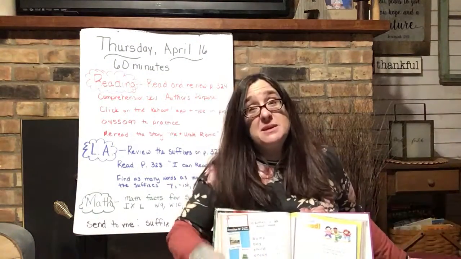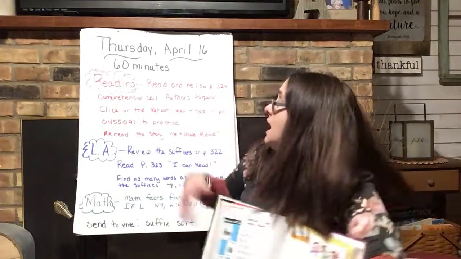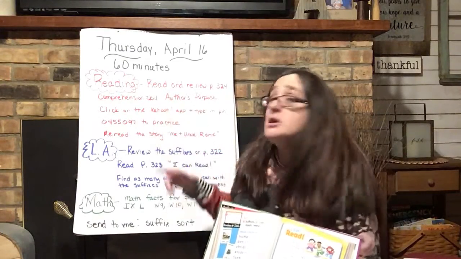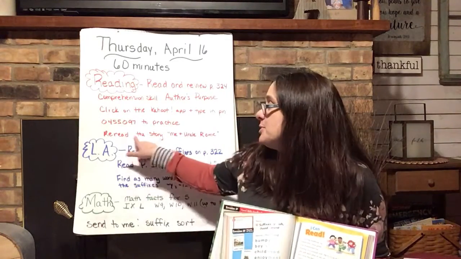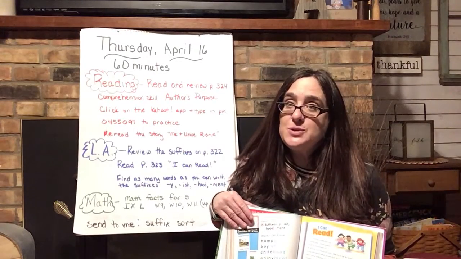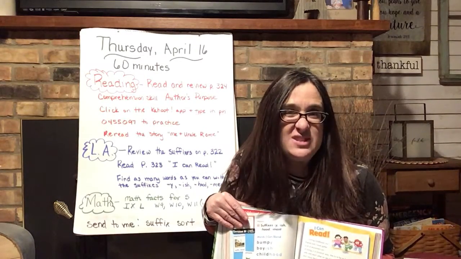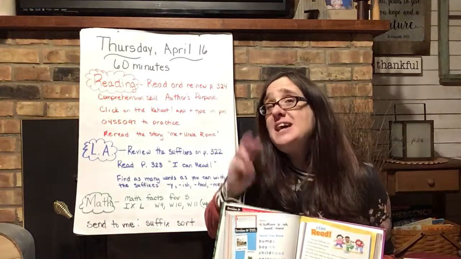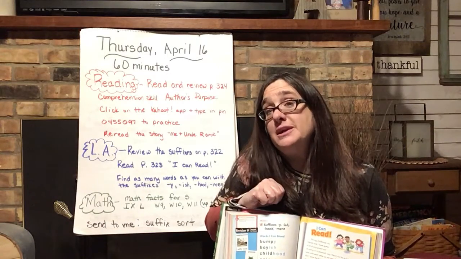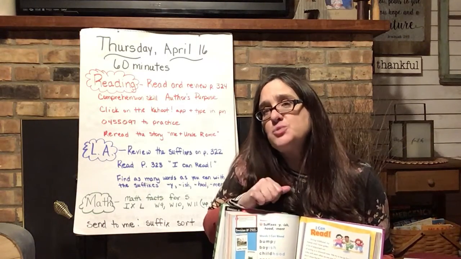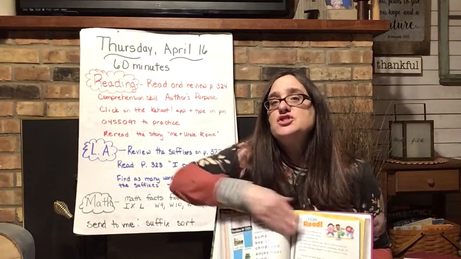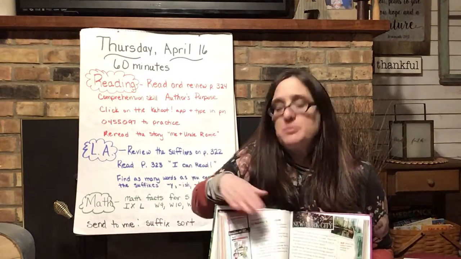Now, I skipped something. Some of you might have noticed this. I told you to do the author's purpose Kahoot, but then I forgot to tell you this part right here. Read the story again. I kind of told you yesterday it was coming. So we actually have 3 things to do for reading in language arts. Our first reading skill is, of course, to talk about the author's purpose.